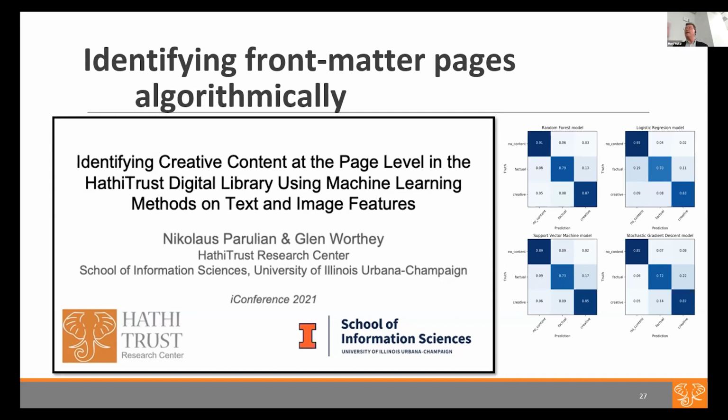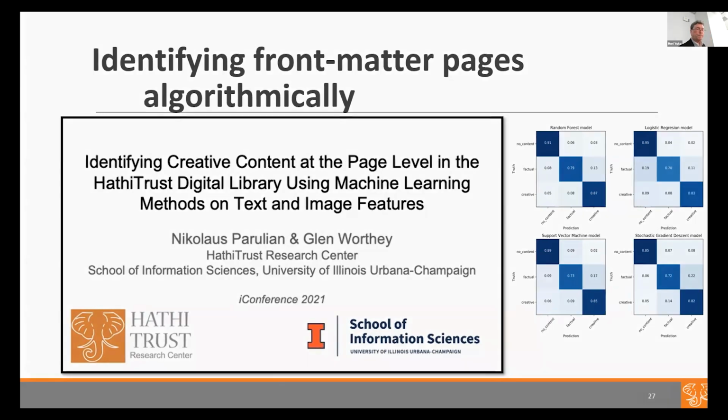So we tried to build tools to identify what's on the first 20 pages. We used CNNs, convolutional neural networks, and recursive neural networks to see what we could find out. We published a report at iConference in 2021. It turns out we can have a pretty good sense. We'd only get in trouble a little bit, so it worked out well.